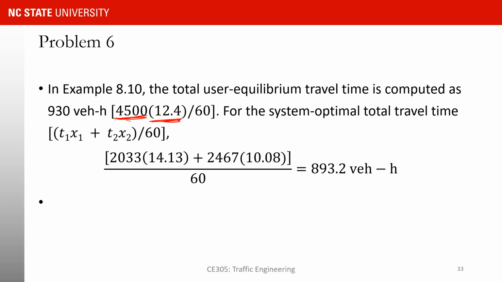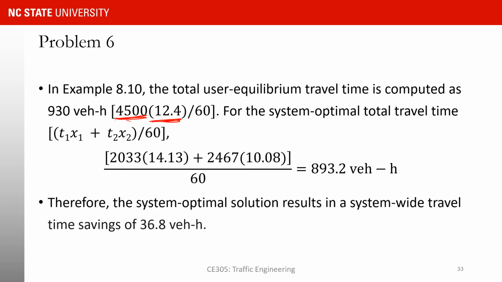So on route 1, number of vehicles is 2033, travel time is 14. On route 2, the number of vehicles is 2467, and travel time is 10. I just divide by 60 to convert to hours. It's 893. And here you see the difference in total travel time for the system optimal and user equilibrium.